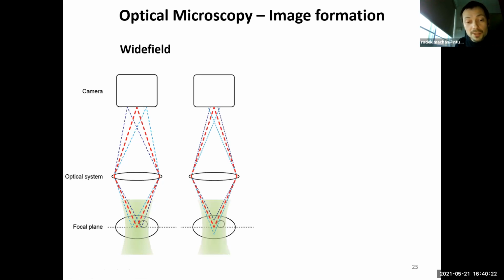One of the problems here, of course, is that the light which comes from different points in the focal plane will focus to different points in the image plane. But if I have light which comes from out of focus, it will reach my camera and will create a defocused blur in the image.